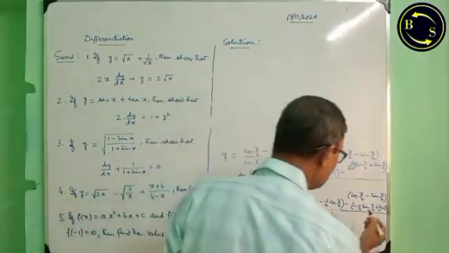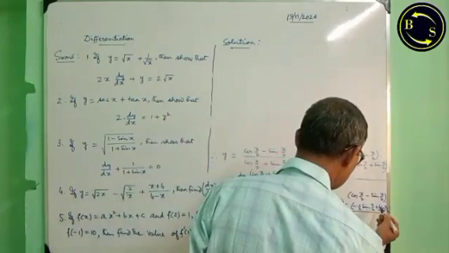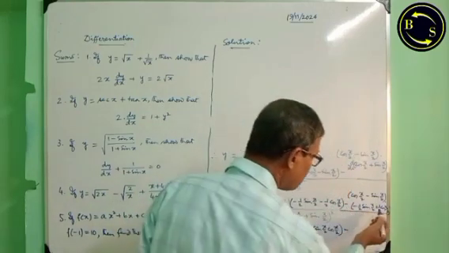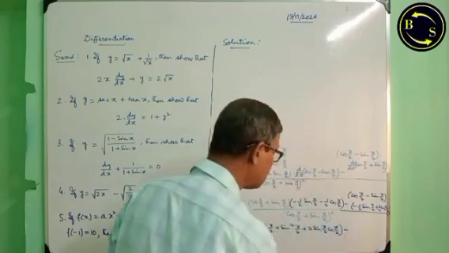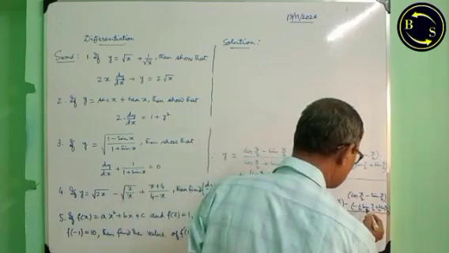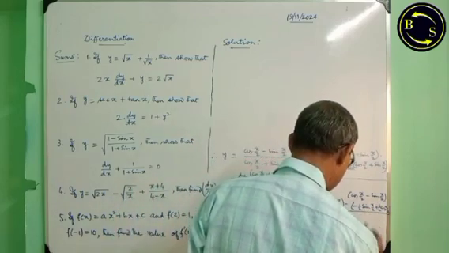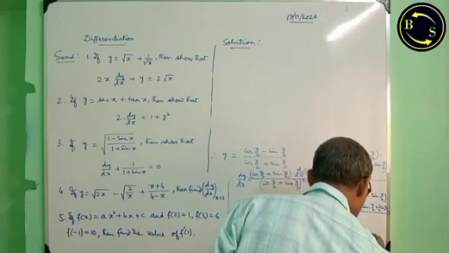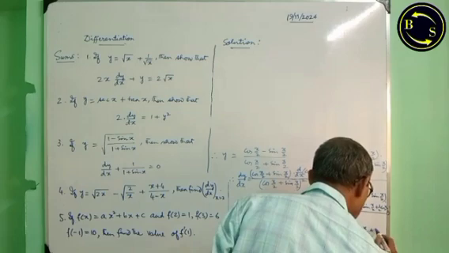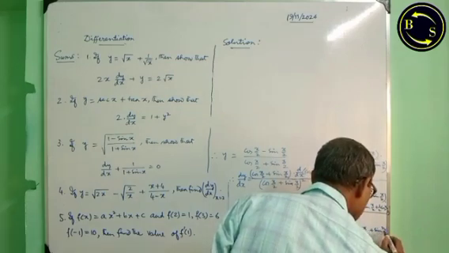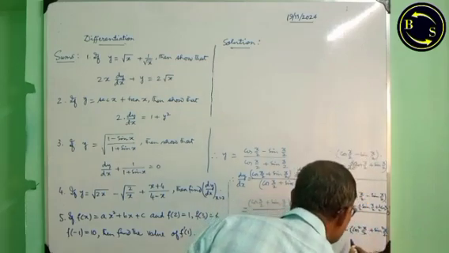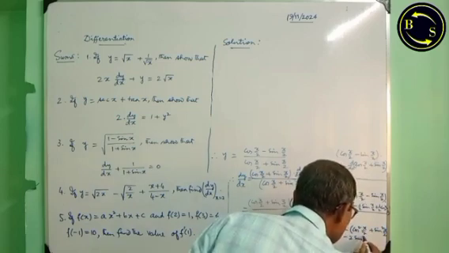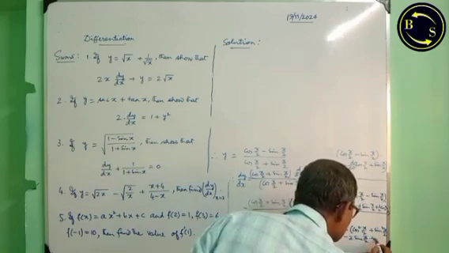Then half is out already, I have taken outside. This is cos x by 2 minus sin x by 2 whole square. That means it will be cos square x by 2 plus sin square x by 2 minus 2 sin x by 2 into cos x by 2.